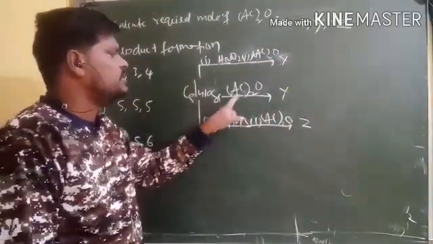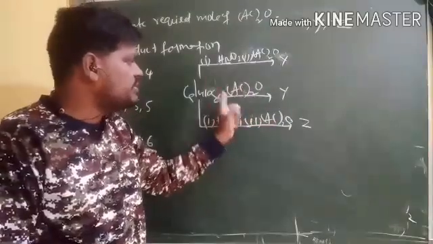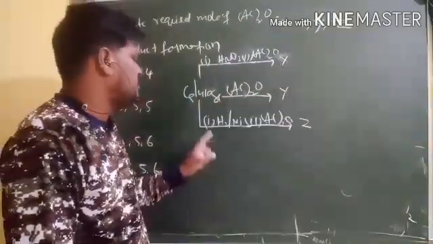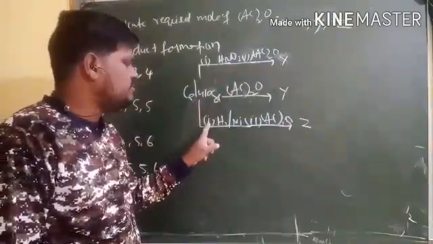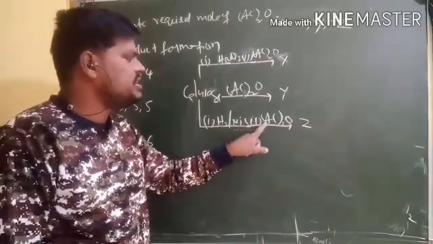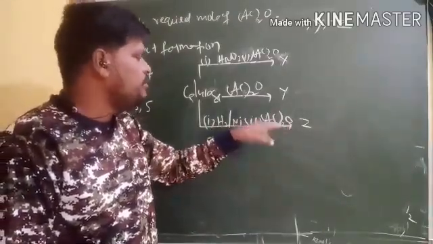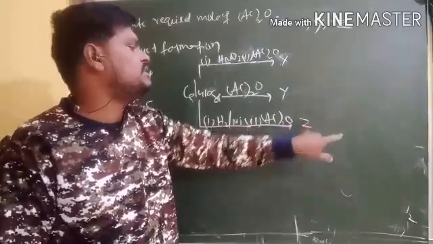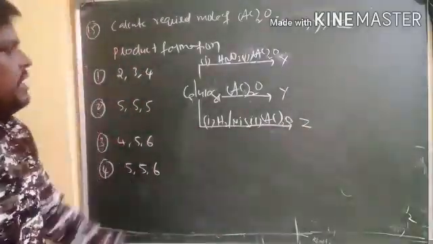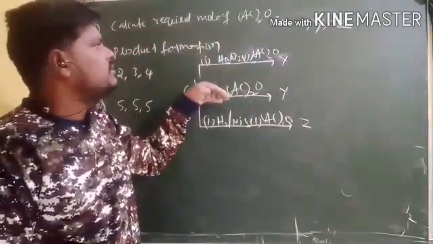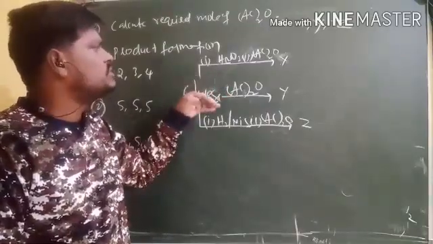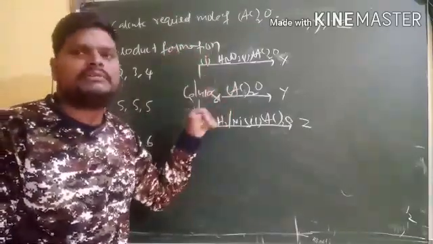When glucose reacts with Ac2O, how many moles of Ac2O are required for product formation? When glucose reacts with H2 and nickel, and then Ac2O, how many moles of Ac2O are required for the formation of Z? So finally we need to find how many moles of Ac2O are required for this question.